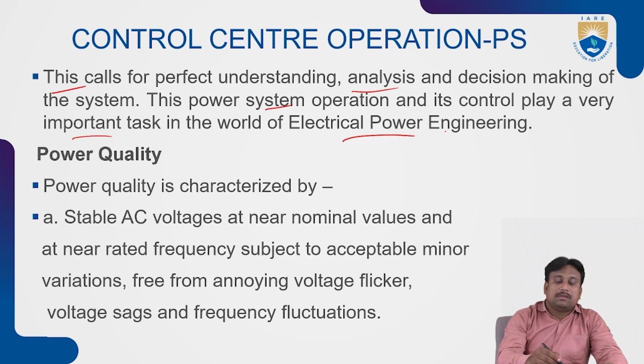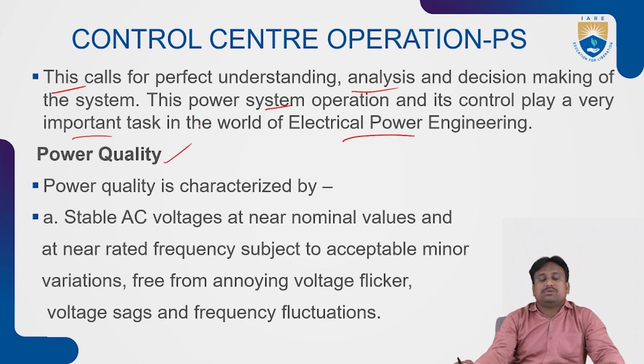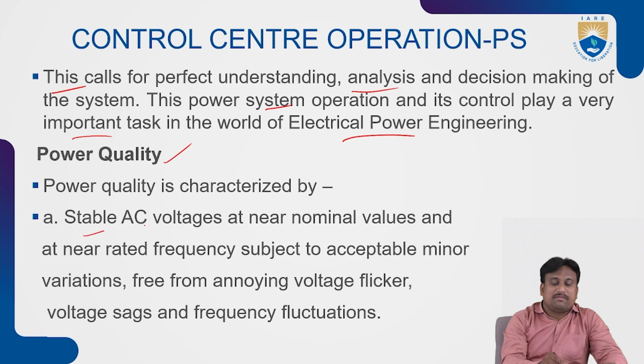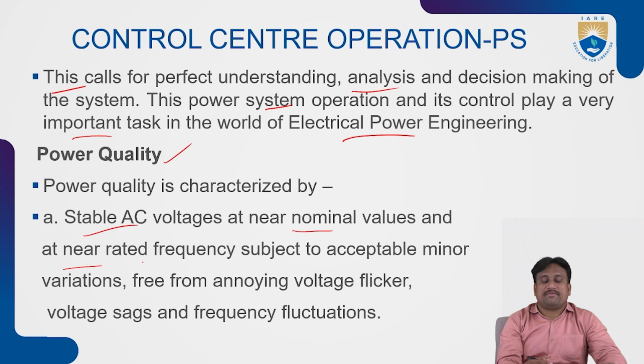Power quality is characterized by a stable AC voltage at nearest to the nominal value and nearer to the rated frequency, subject to acceptable minor variations. That means it is free from annoying voltage flickers, voltage sags and frequency fluctuations.